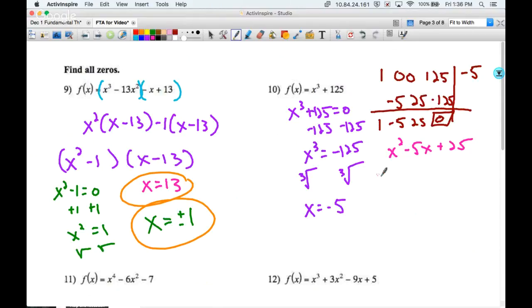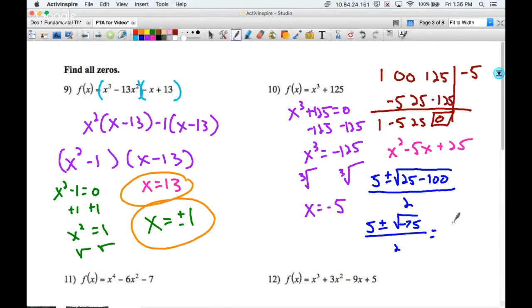I want to put that into the quadratic formula. So let me do that now. I've got negative b plus or minus the square root of b squared minus 4ac, so I think that's 100, all over 2a. It's going to become 5 plus or minus the square root of negative 75 all over 2.